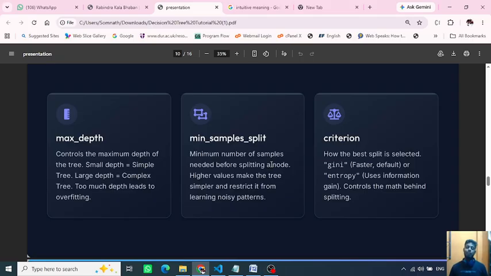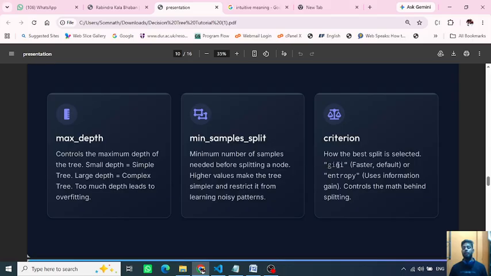And the min samples split. So, the minimum number of samples needed before splitting a node. A higher value makes the tree simpler and restricts it from learning noisy patterns. And criterion means how the best split is selected.